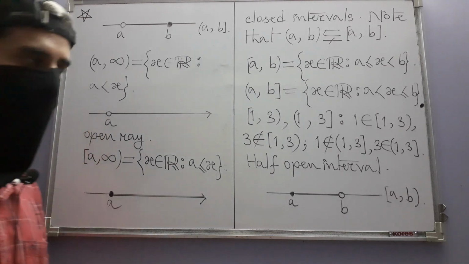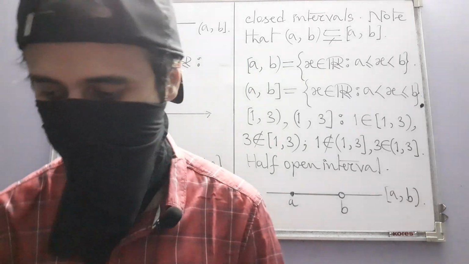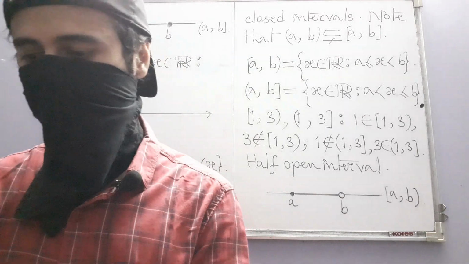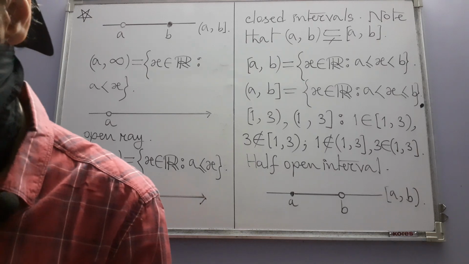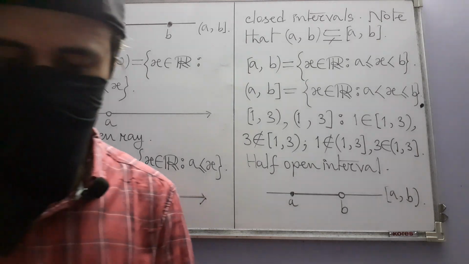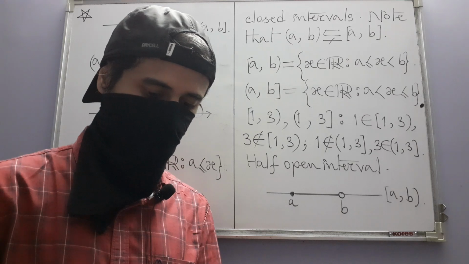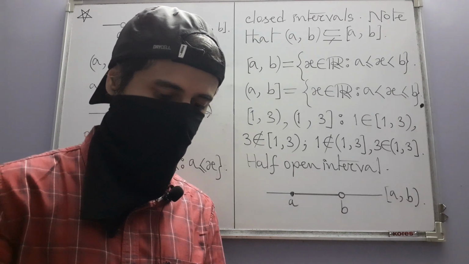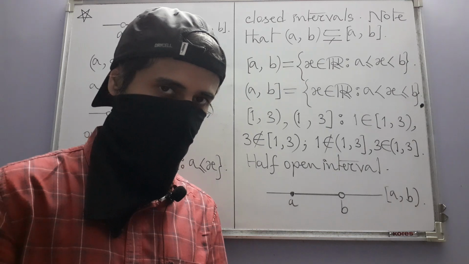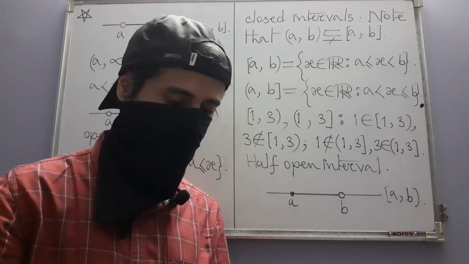And there are two others because you can have the ray on that side also. But I need ink first. Now after showing these two other rays, I will talk a little bit about these symbols, plus infinity and minus infinity.